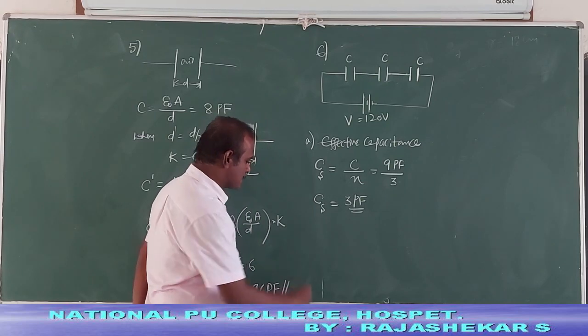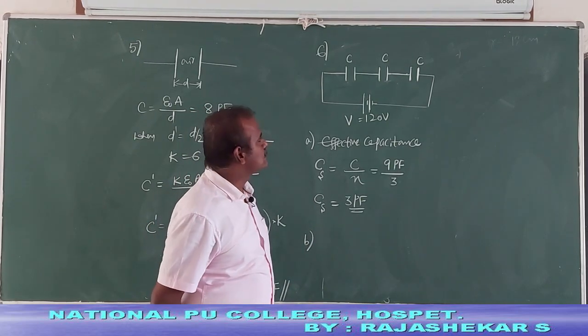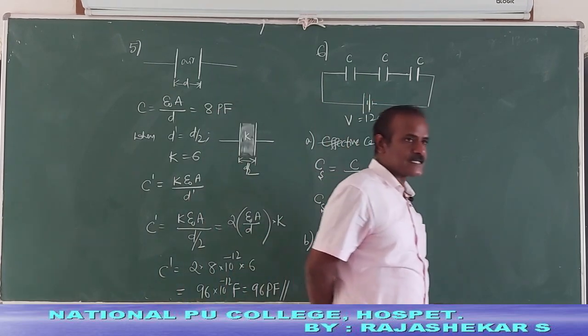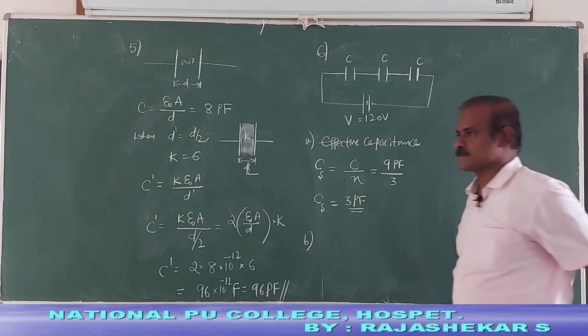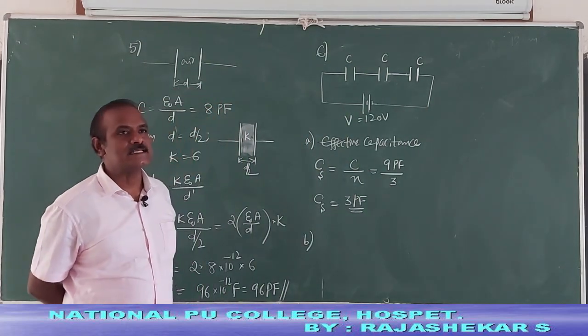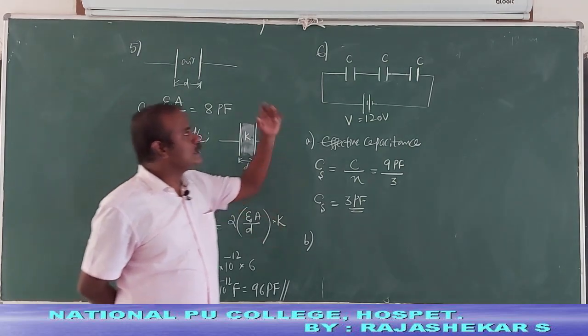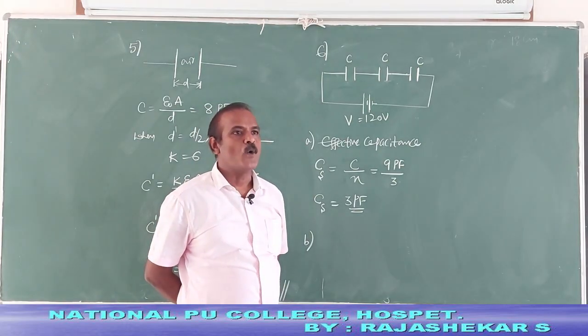Well, now the second part of the question, students. What is the PD across each capacitor? They are asking for the potential difference across each, and you know how potential divides during series combination, because during series combination the charge on all capacitors is the same.